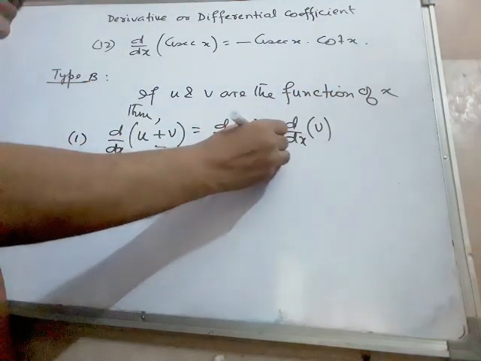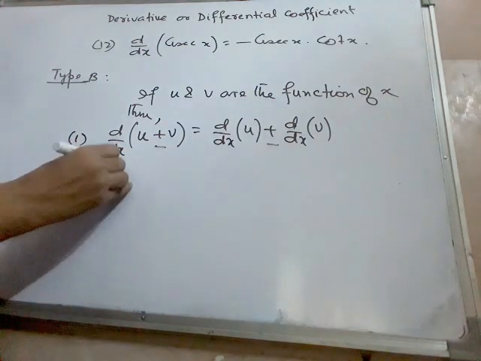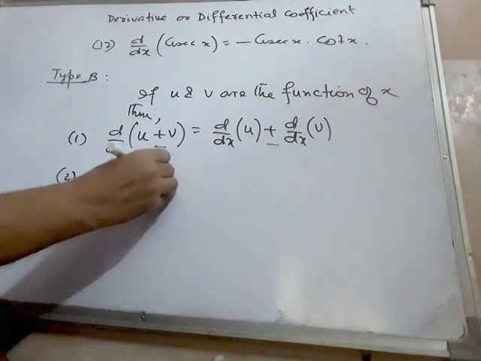If it is minus, then they are minus. Formula number 2: d/dx of u into v.